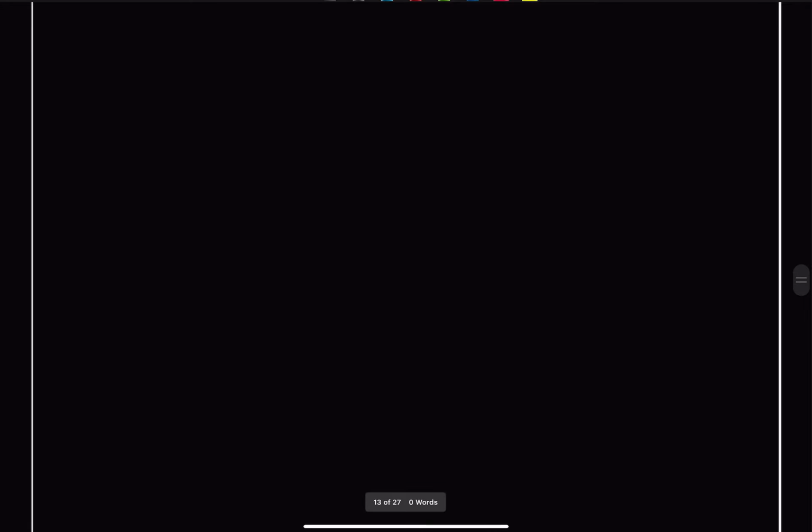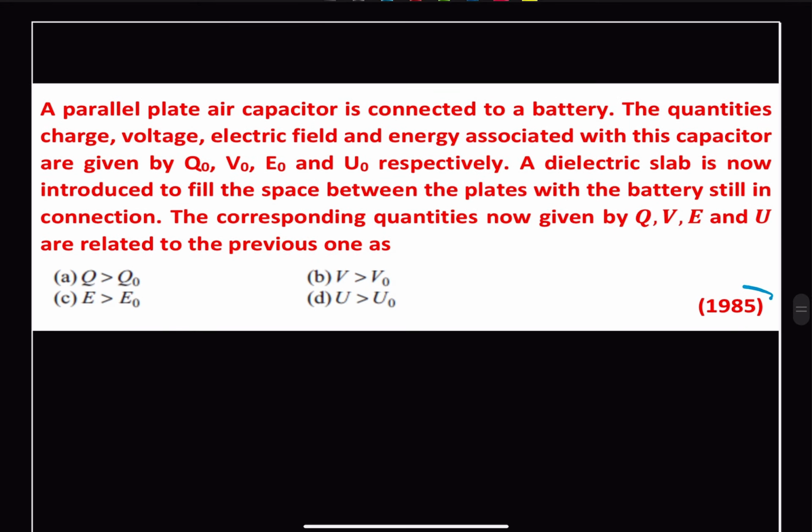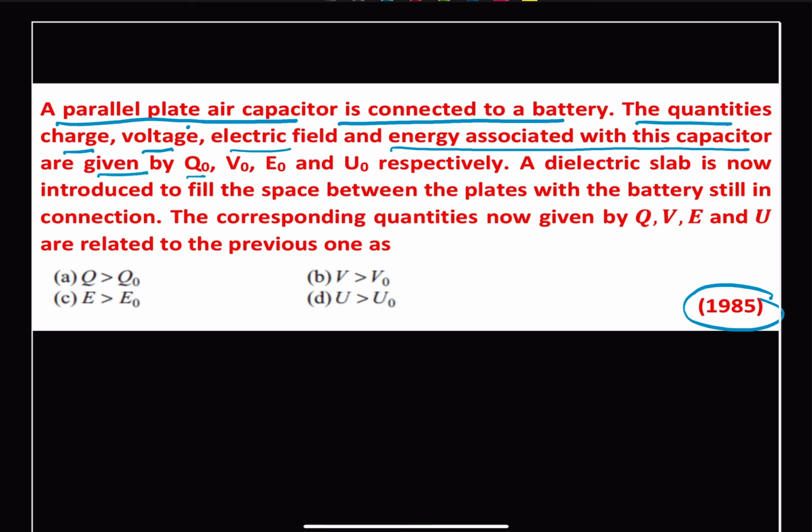Next question. It was asked in the year 1985, and it states that we have a parallel plate air capacitor connected to a battery. The quantities charge, voltage, electric field and energy associated with this capacitor are given by Q0, V0, E0 and U0 respectively.